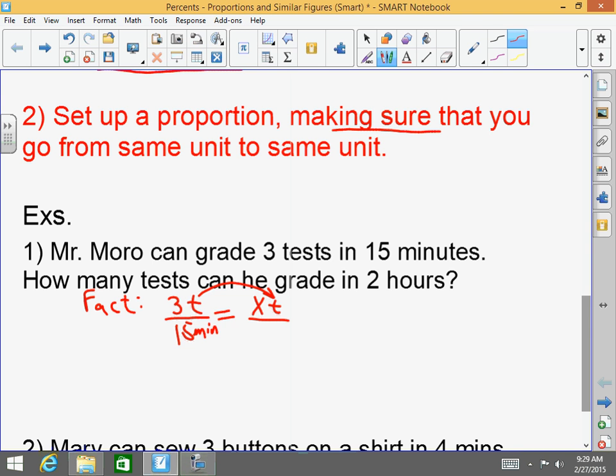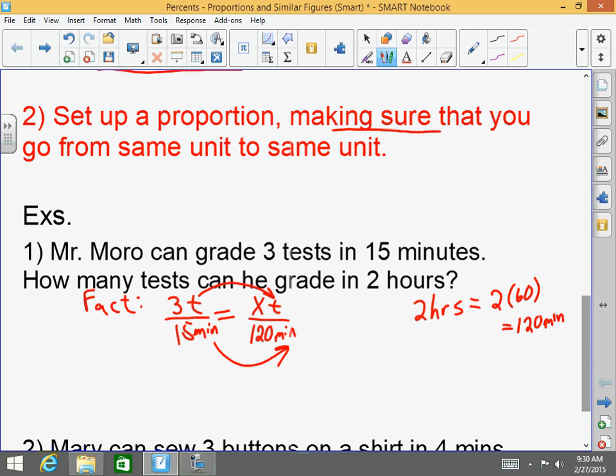Now, on the denominator of my fact ratio, I have time in minutes. How much time do they give us here? 2 hours. But what is 2 hours in minutes, guys? That's exactly right. 2 hours would equal 2 times 60 minutes in every hour equals 120 minutes. So down here would be 120 minutes, unit to unit. Does that make sense, gentlemen? You promise?